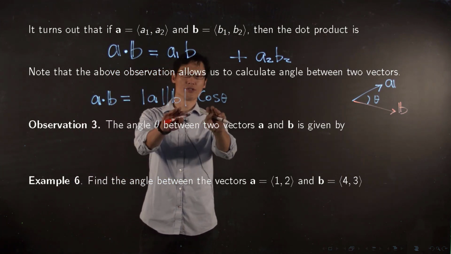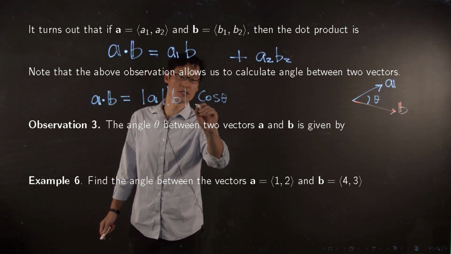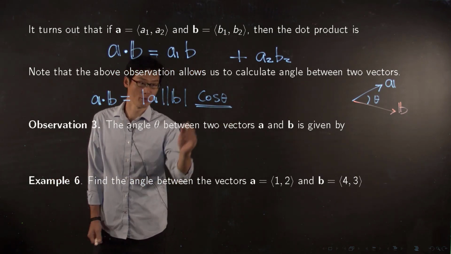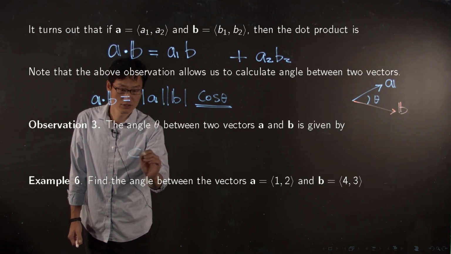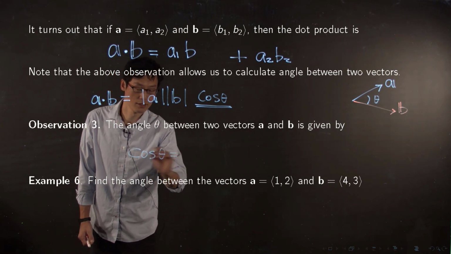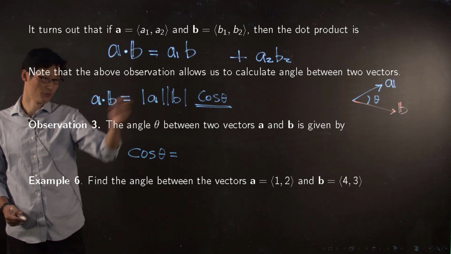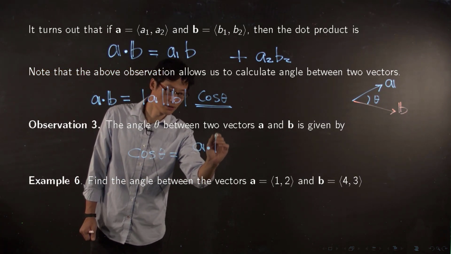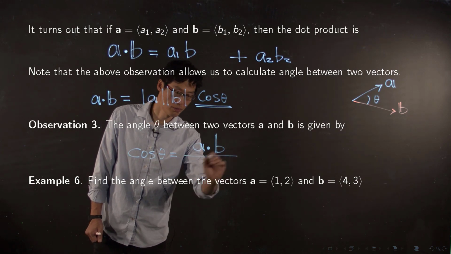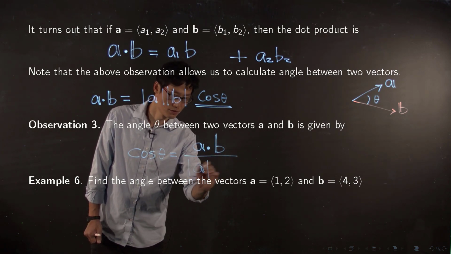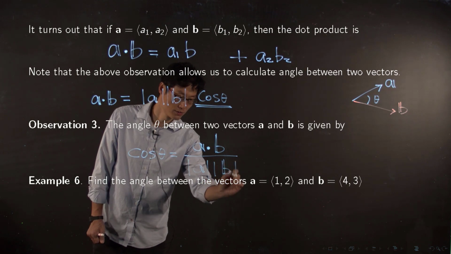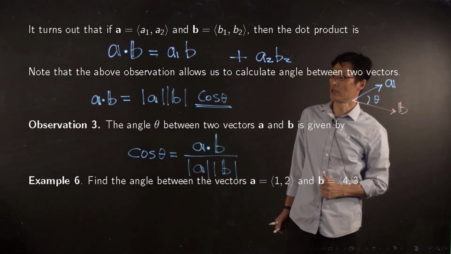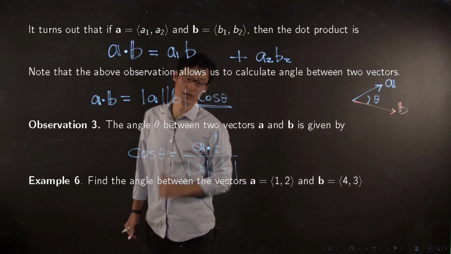Once you solve this for cosine theta, we have a nice formula. So let me write this in the next line. Cosine theta is, if you solve this for cosine theta, the dot product over the product of magnitudes. That's it. Whenever you have two vectors with angle theta, cosine theta is given by this formula.